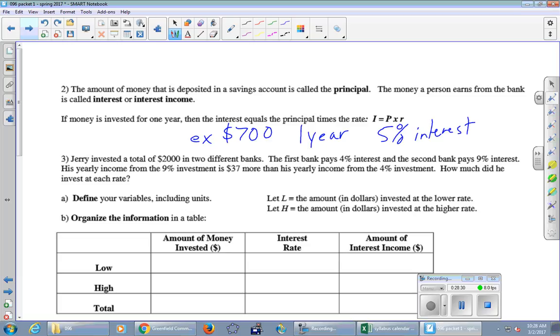So this calculation here would give us 700 times 0.05. I guess that's 35 bucks. So that's how we calculate interest. Principal times the rate. All the problems we do will involve 1 year, so that's it. Okay, number 3. Question?